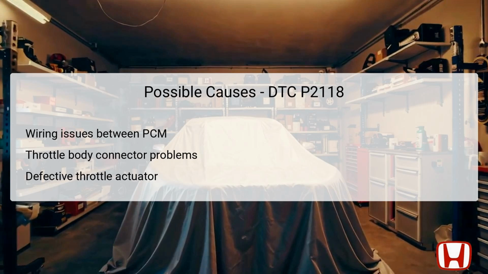Secondly, problems with the throttle body connector can also play a significant role. Loose or corroded terminals may impede proper functioning. Lastly, the throttle actuator itself may be defective due to wear, damage, or manufacturing defects leading to inadequate performance. Each of these possibilities must be carefully investigated to confirm the actual cause of the DTC P2118.